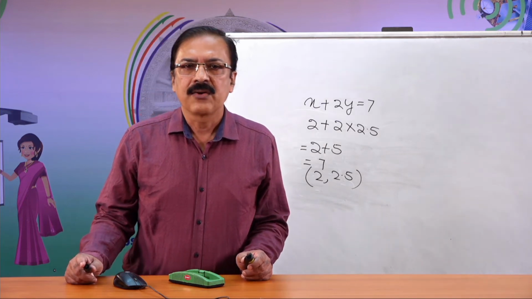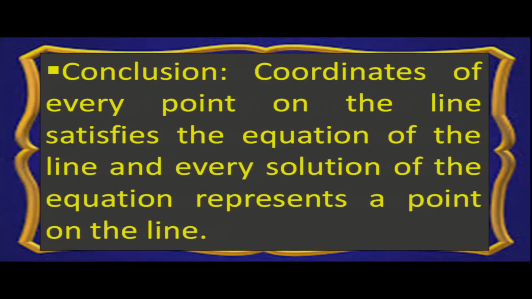Let's conclude it. The coordinates of every point on the line satisfy the equation of the line, and every solution of the equation represents a point on the line.